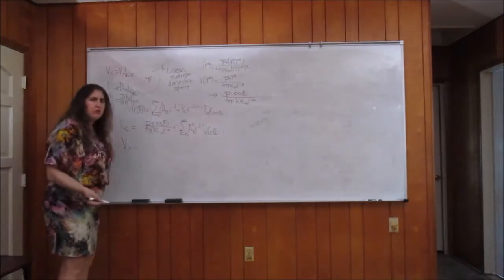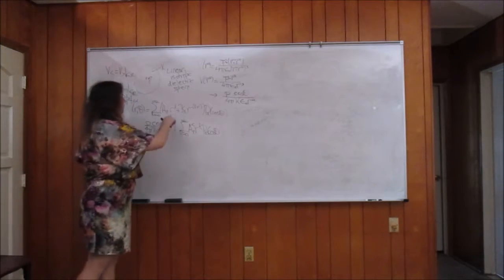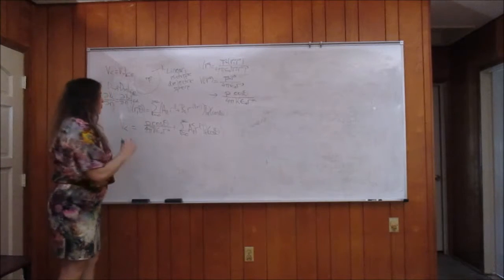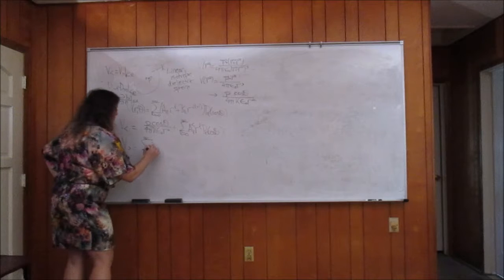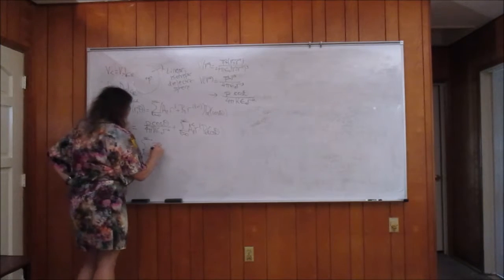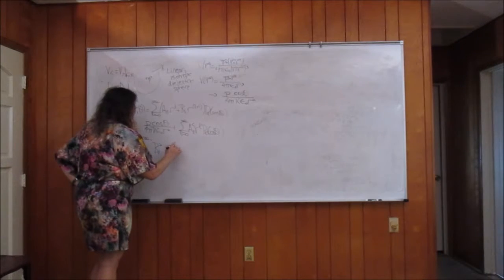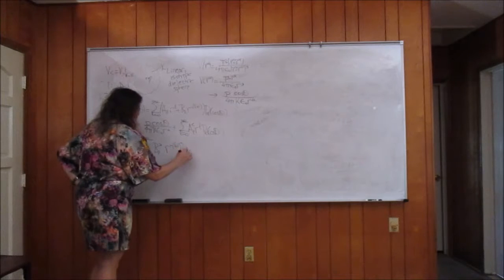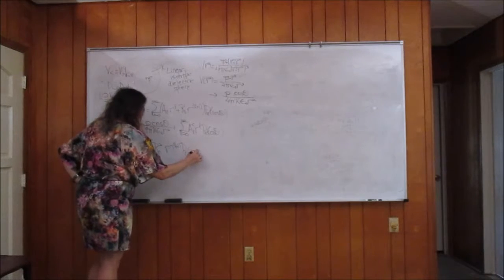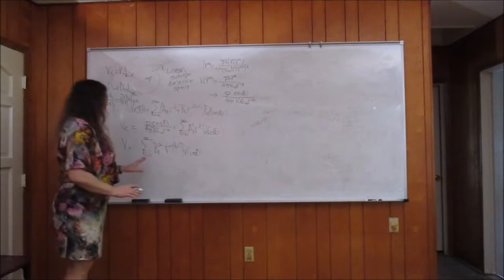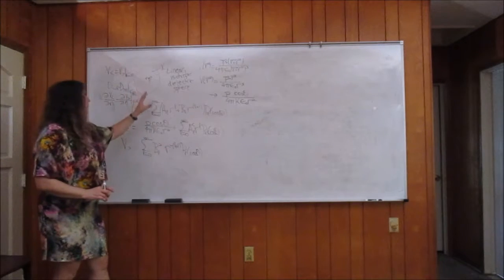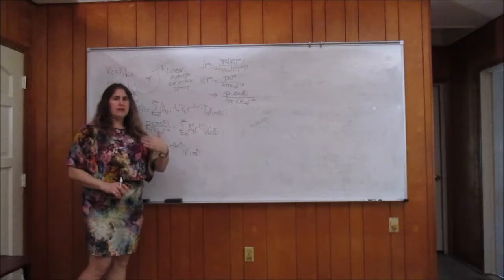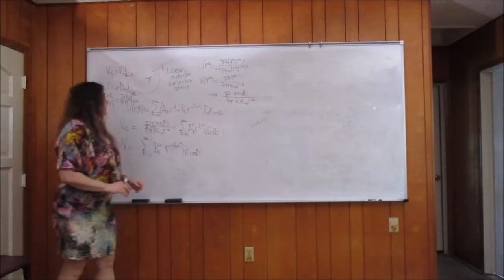Now, in the exterior region, again, we need to have a finite solution, so therefore all those A_L terms will be set to 0, and we'll be left with the summation L equals 0 of B_L greater than, r to the minus L plus 1, P_L cosine theta. Now, this is a little different from the other example I worked earlier, because in that case you had a dielectric sphere that was placed in an otherwise uniform electric field.